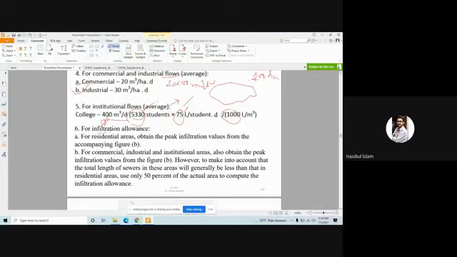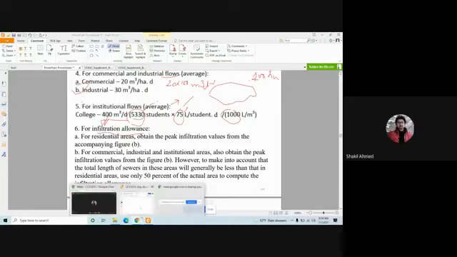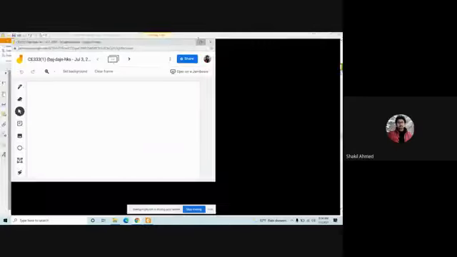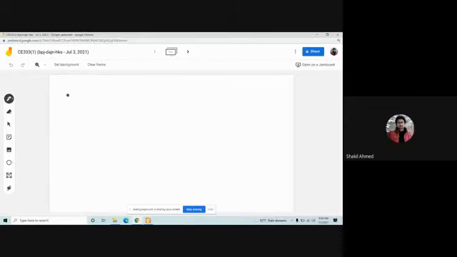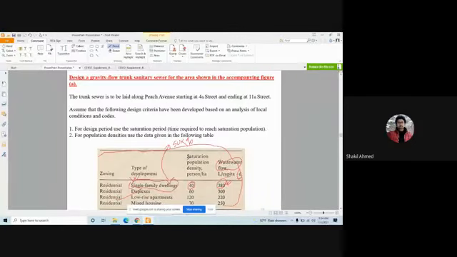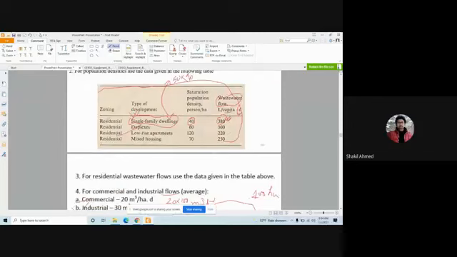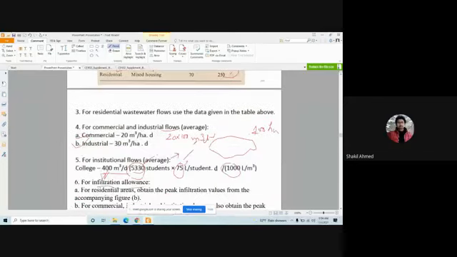For infiltration allowance, remember again that our design flow is the peaking factor multiplied by Q average. These are all Q average.